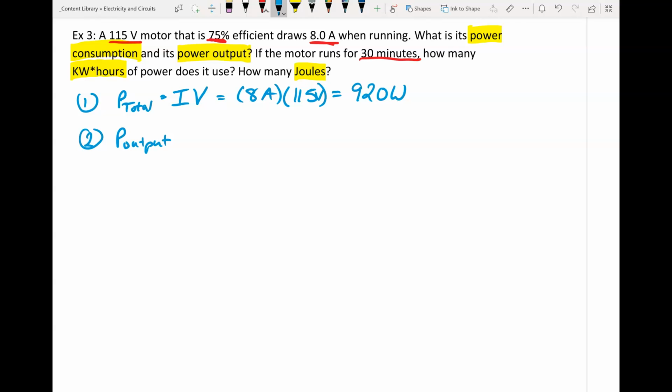And as the output is going to be 75% efficient, in other words, it'd be 0.75 multiplied by the total power. So again, 75% of total power will give us the output. So 75% of 920 watts is 690 watts.